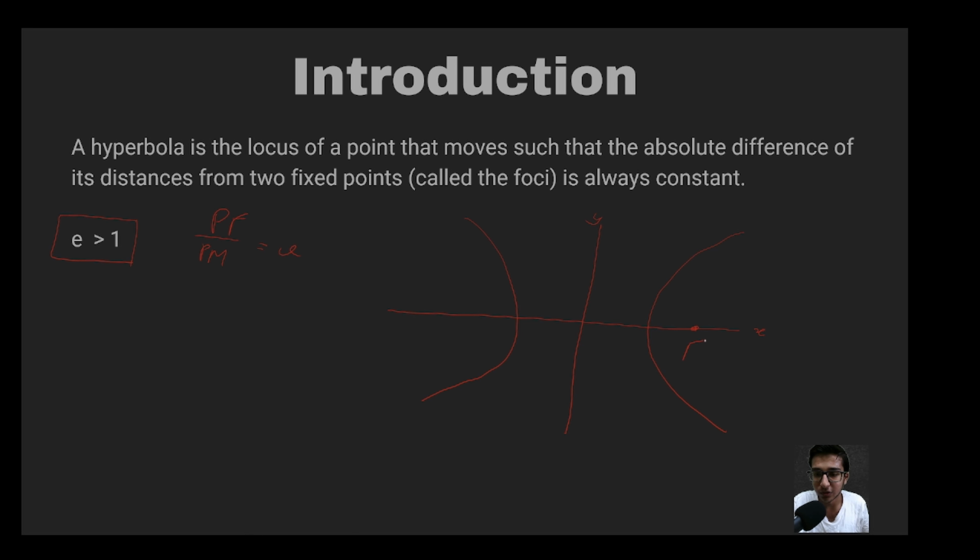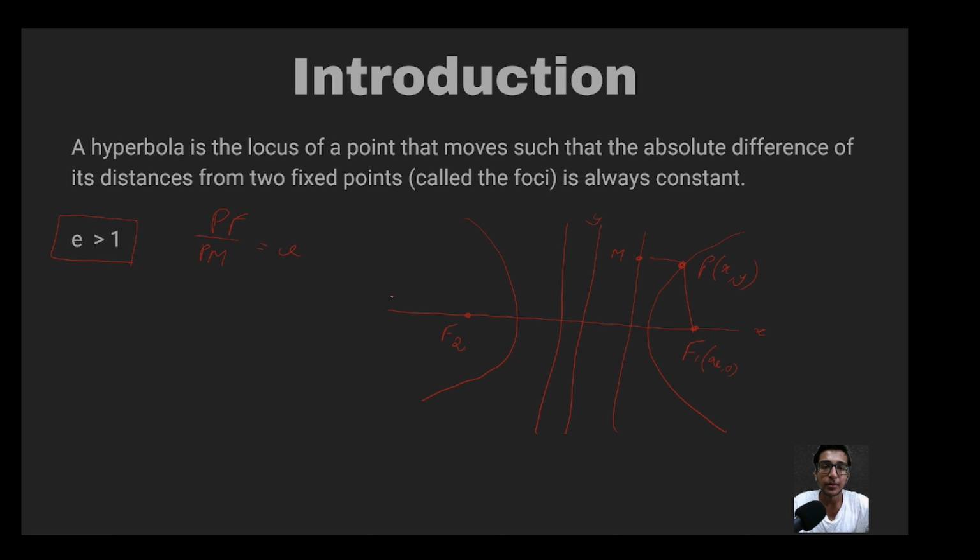One of the focus would lie somewhere here, which we generally represent as (ae, 0), and the other one is F2 here. This is one of the directrix and this is another directrix. And let's say I take any point P(x, y) here. Its distance from F and its foot of perpendicular M, this distance by this distance always remains constant, which is E.